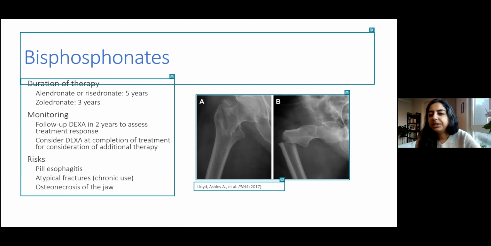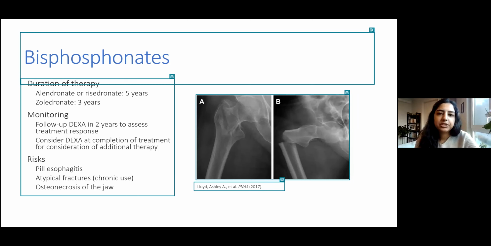And in letter B, you're seeing this really pathologic, clean break across the femur that is not normal. That atypical fracture is much more morbid. It's very hard to repair because the bone is over-mineralized. So that's what happens when patients are on chronic bisphosphonates longer than they should be.